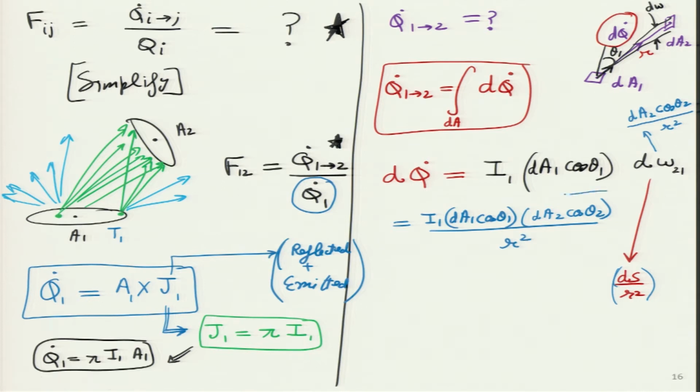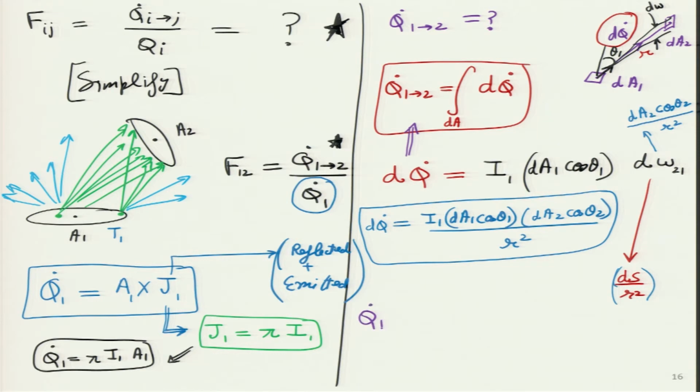So, this is a very nice expression for dq dot. How do I convert dq dot into q dot 1 2? I will have to integrate it, which means my q dot 1 to 2 is essentially, will it be a single integral or a double integral? That is what I want to ask students.